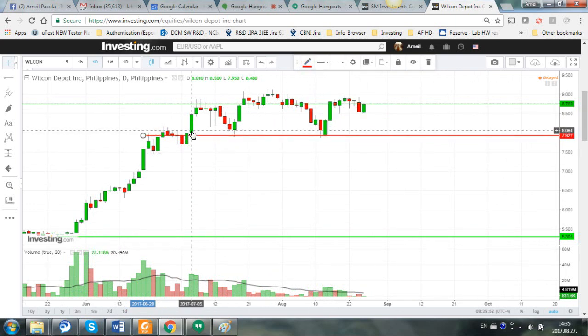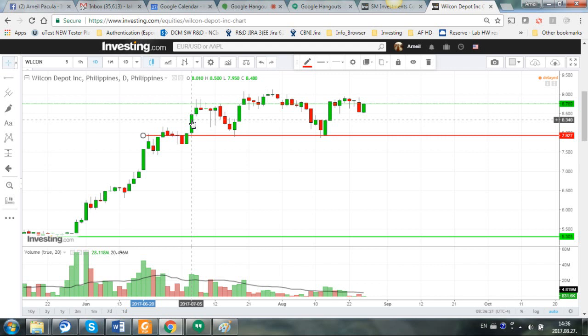So, mayroong long candlestick plus above average volume. That is really a confirmed breakout. Plus, nagkaroon pa ng another candlestick na nag-open with a higher price than the closing price of the previous candlestick. This is the previous candlestick. This is the current candlestick. It is higher than the previous candlestick, di ba?